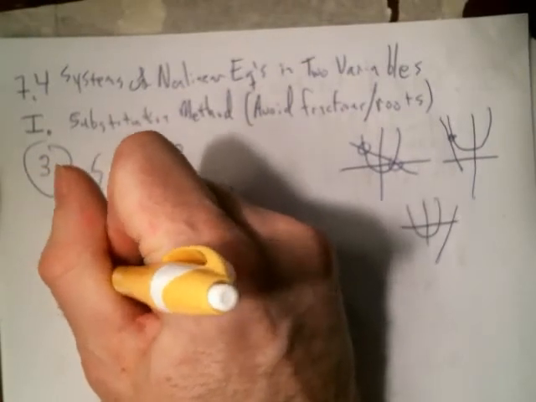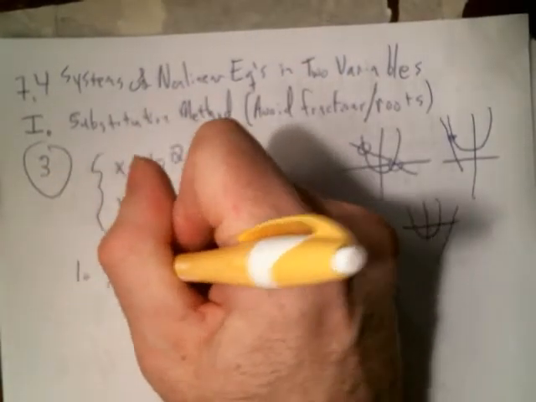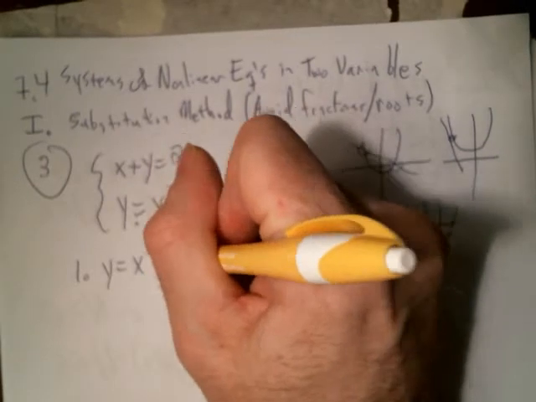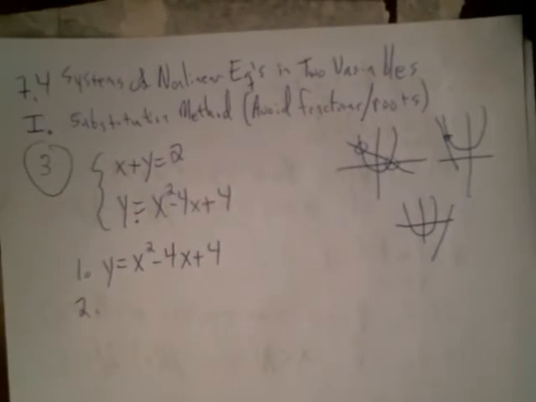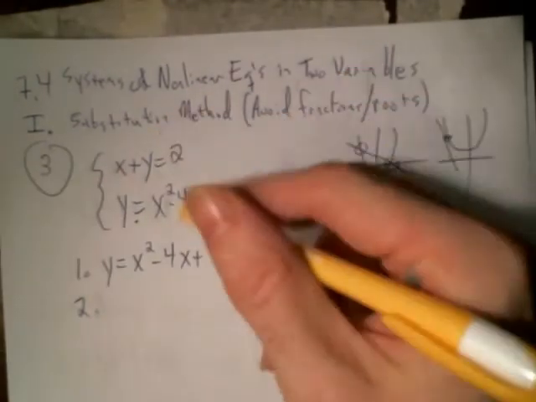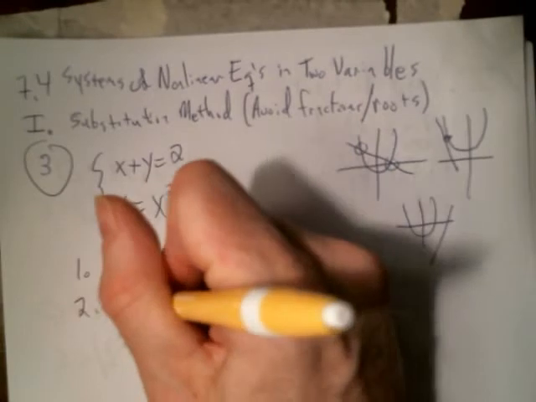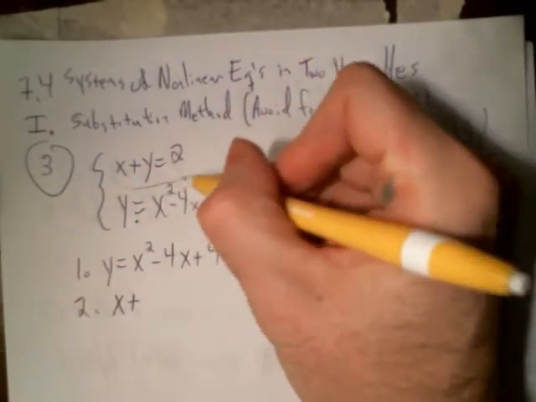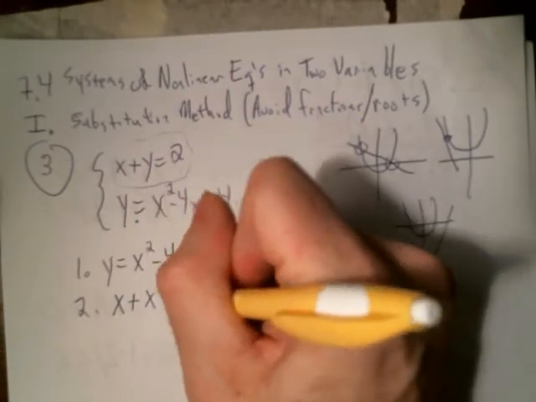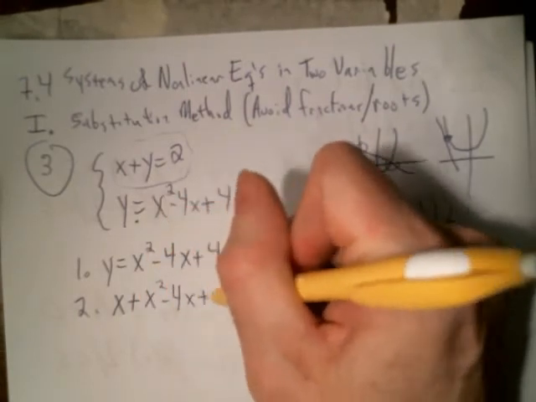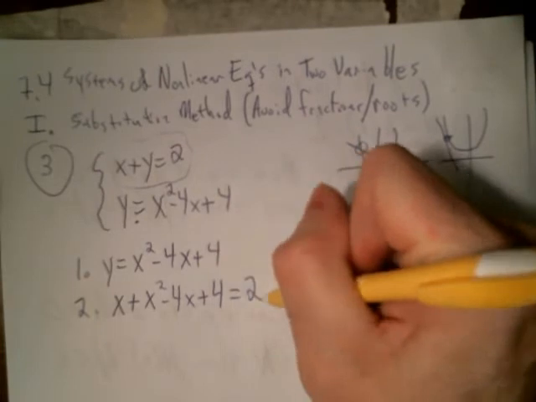So first, I have one equation already solved for one of the unknowns. And then secondly, take that expression and substitute it into the unused equation. So I'm taking this equation here, I'll have x plus this new expression, x squared minus 4x plus 4 equals 2.